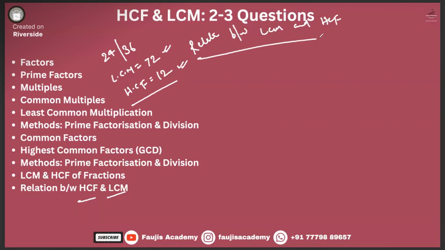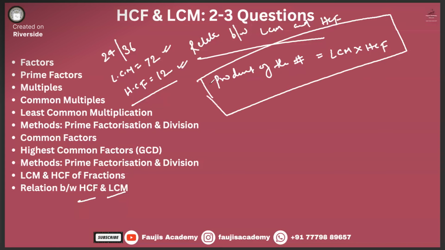The relation between LCM and HCF says the product of the numbers is equal to LCM into HCF, right? This is the relation. This is also important stuff. Remember it. Okay.